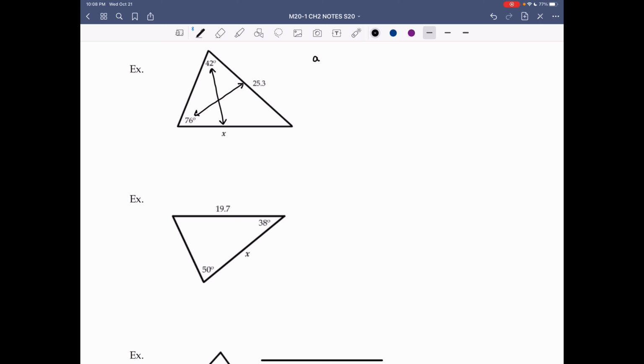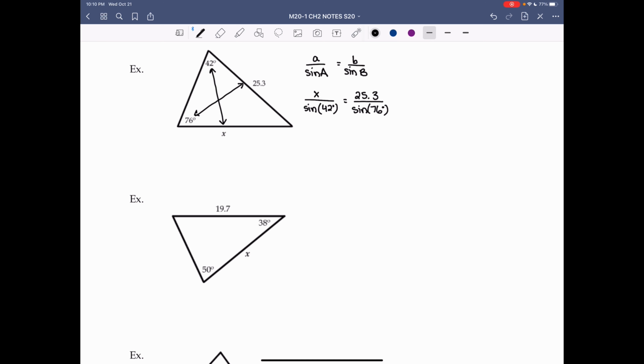So I have a over sine capital A equals b over sine capital B. Then I plug in my values. x is the side length I'm trying to find over sine of the angle across from x, which is 42 degrees. The other side angle pair, the side length is 25.3 over sine of the angle, which is 76 degrees.